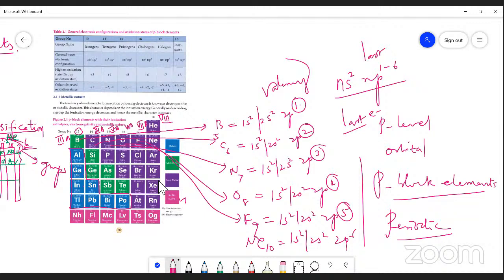Boron only has diagonal properties with silicon. Diagonal properties are nothing but the similarities we can see between boron and silicon. Now stannum and lead are purely metals, and bismuth is a metal and polonium is a metal.